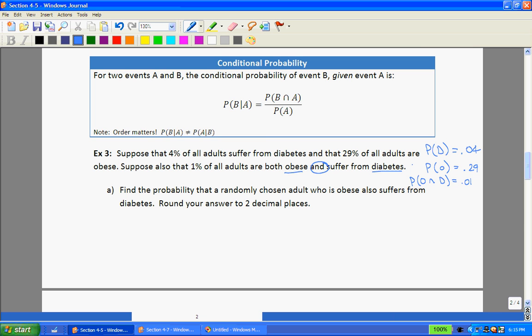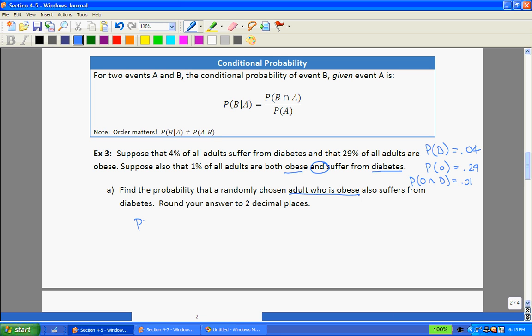Now that we have that written down, let's see if we can work on part A. So we want the probability that a randomly chosen adult who is obese also suffers from diabetes. This is where we need to be careful. What is the given? What do we know first? Well, they're telling us that the adult is obese. We know that much.